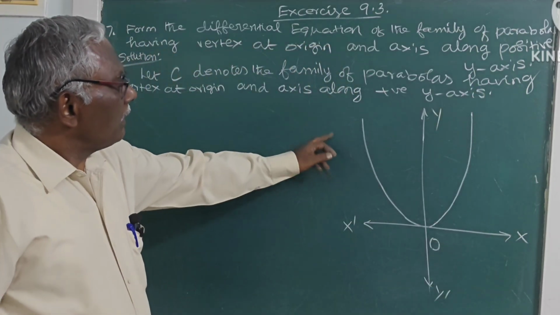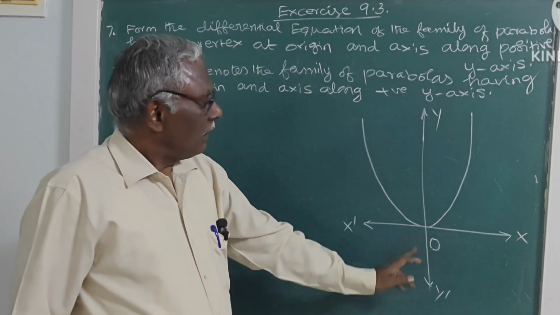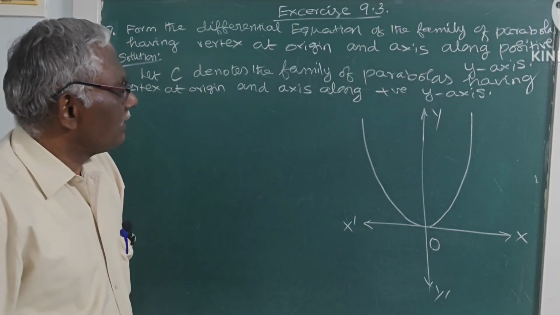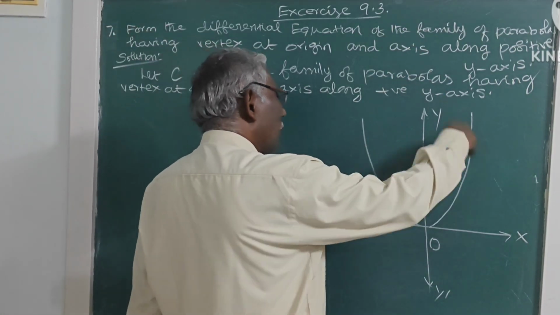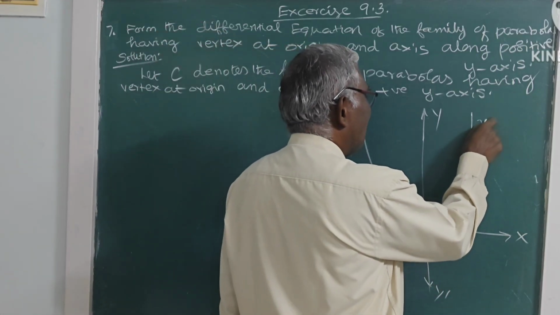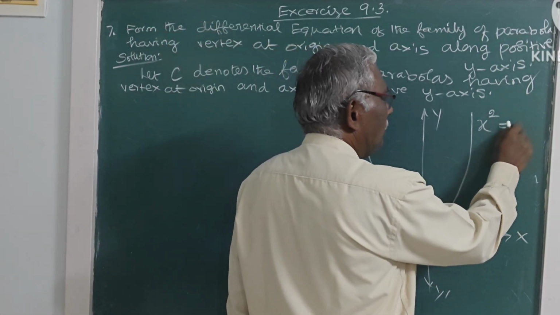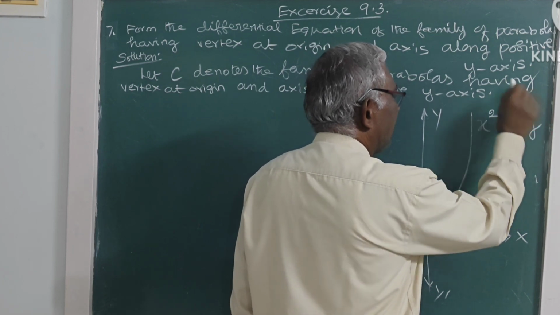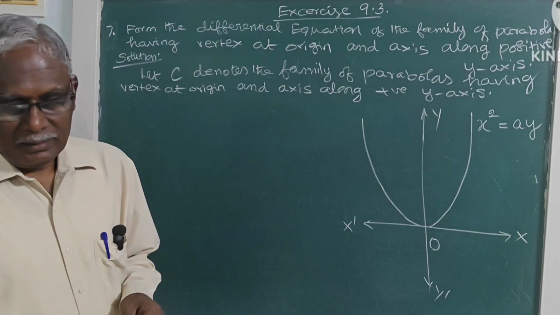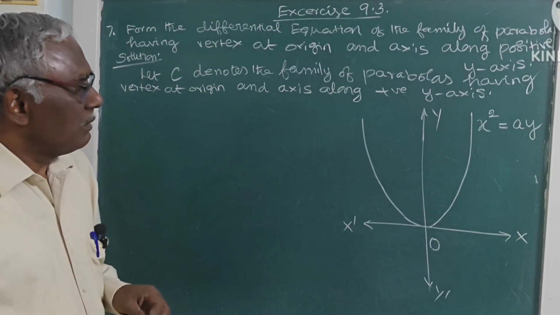So this parabola has vertex at origin and axis along the positive direction of the y-axis. So what is the equation of this parabola? It's nothing but x square is equal to ay, where a is an arbitrary constant.